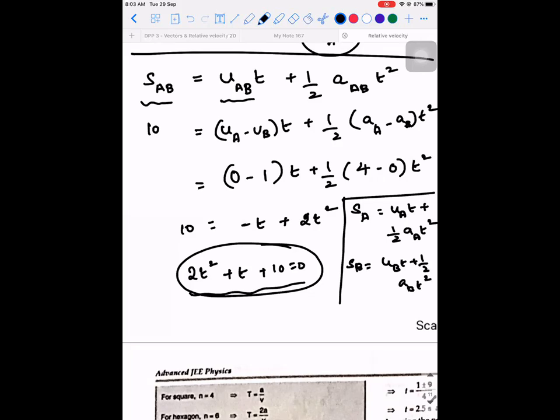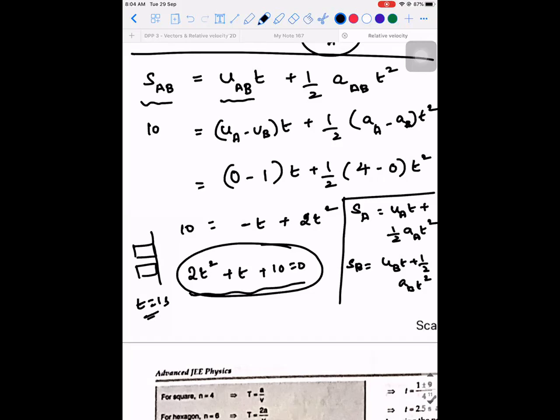Then what exactly is supposed to happen? For car A to overtake B, first there should be some instant where they both are along the same line. After this only the car will start overtaking. Let's say this is happening at 1 second. After 1 second only, the car will be able to overtake car B. Right?